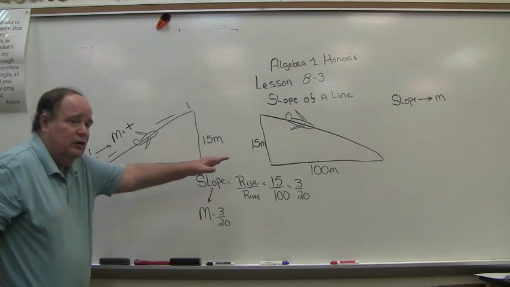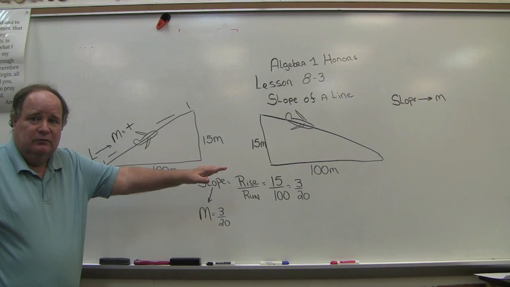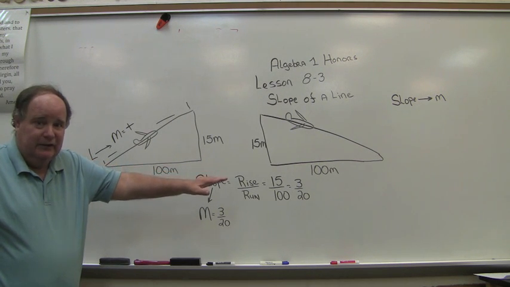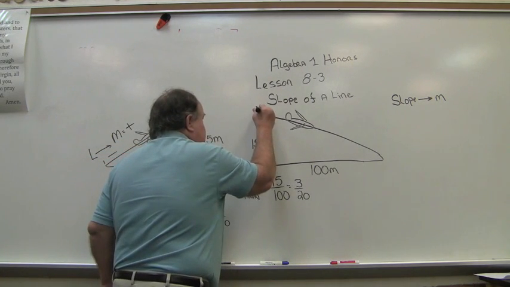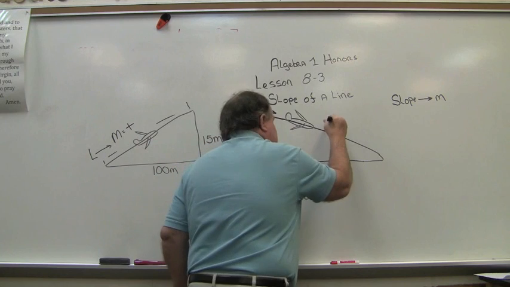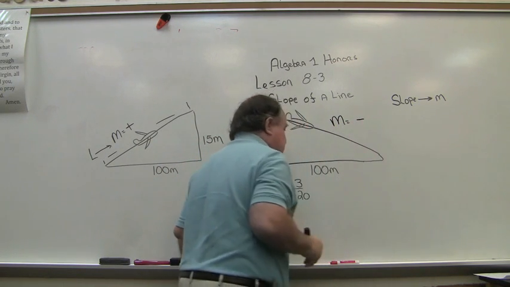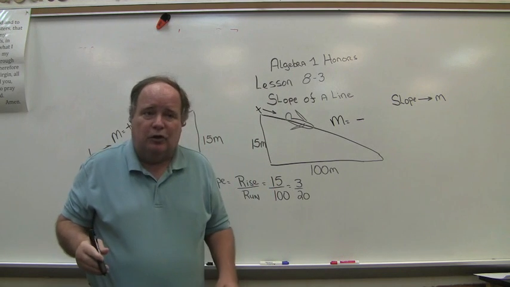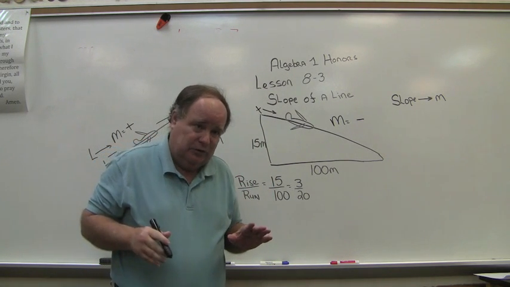Now let's look over here. Bad things happen when an airplane starts heading down to the ground. Bad things, negative things. So when we start up here and we go this way and we're heading down, our slope in this case is not going to be positive, it's going to be negative. So when you're looking to see if your slope is positive or negative, here's what you do.